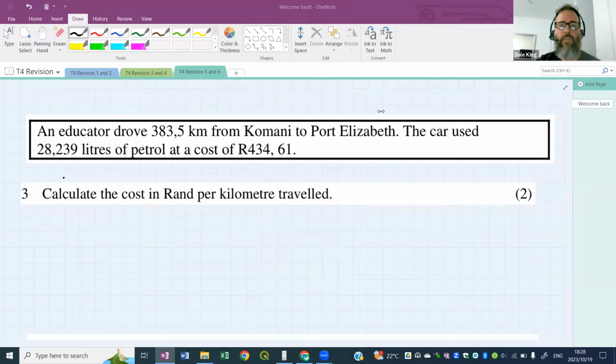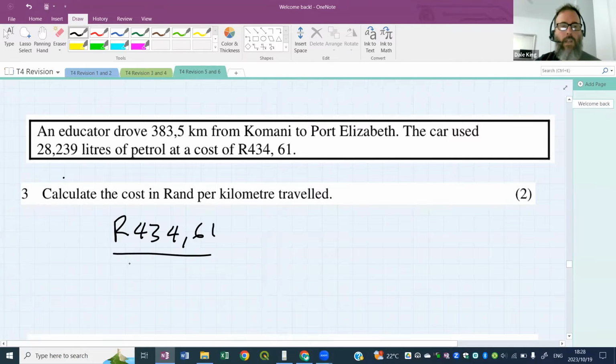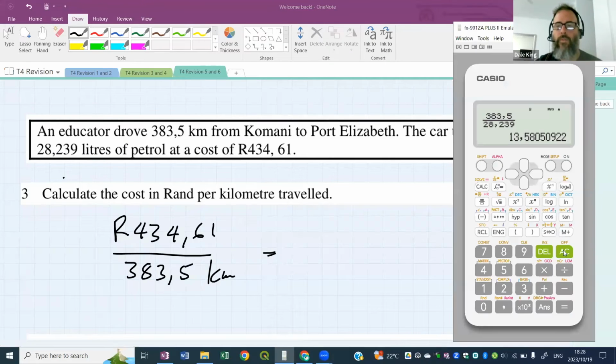Yes, Charles, thanks for the method. Good job. All right, let's do it. So what we're going to do is say 434 rand 61. We've got this many rands, and we want to know how many rands for each kilometer. Well, here they are. This is how many of them we have. So we're going to get our calculator again and put 434.61 on top, and underneath we're going to put 383.5.